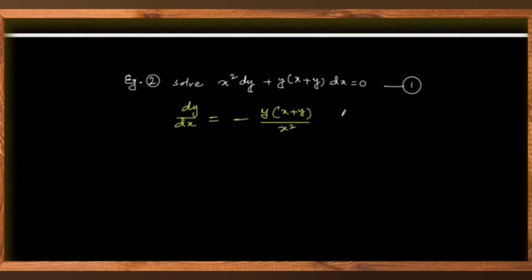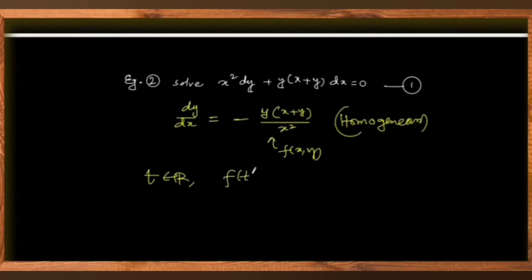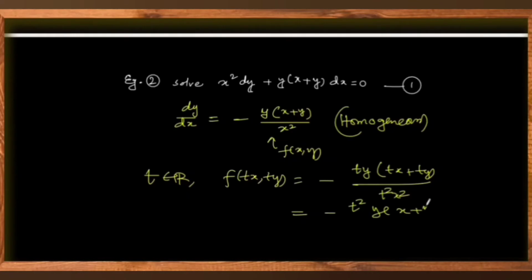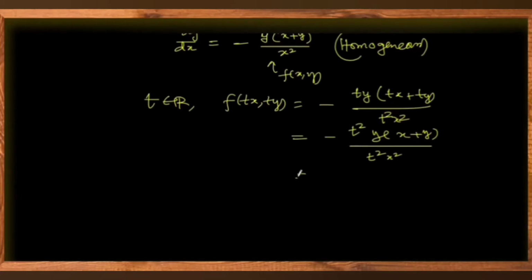Now see, this is a homogeneous equation, because if this is our f(x, y), then for any t in R, f(tx, ty) equals negative ty times (tx plus ty) upon t square x square, and the t square gets cancelled and we get f(x, y).